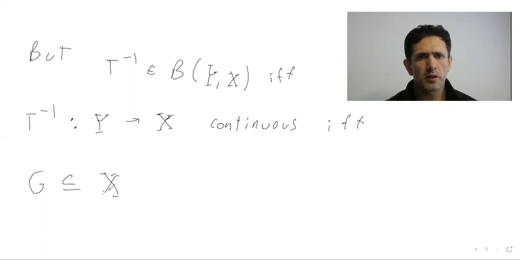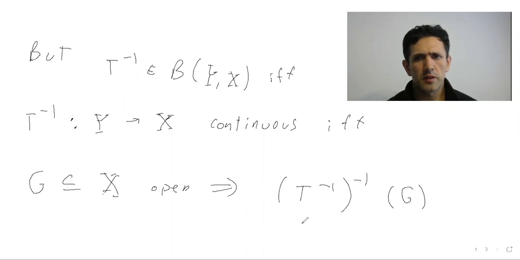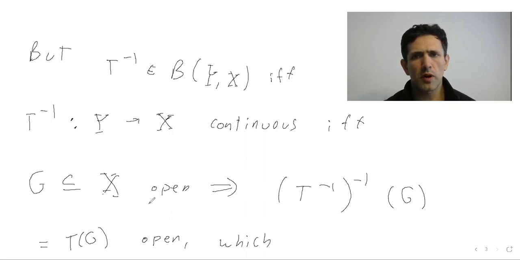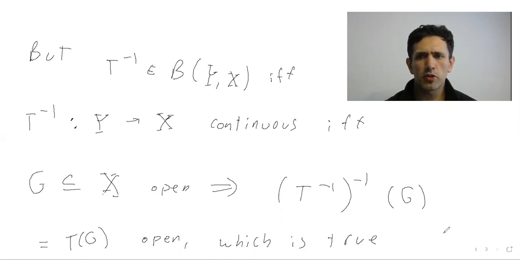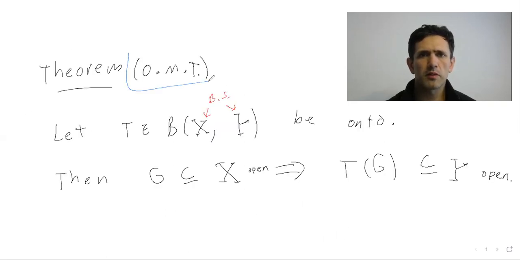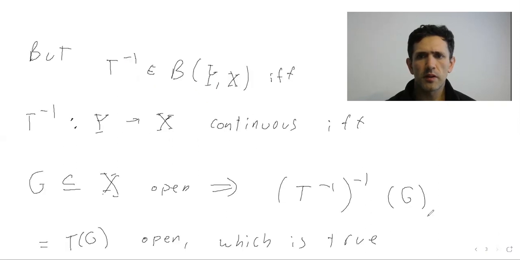So G open implies the inverse image, which of course is just T of G, is open. So continuity is equivalent to T of G open whenever G is open. Well, this is true assuming this open mapping theorem.